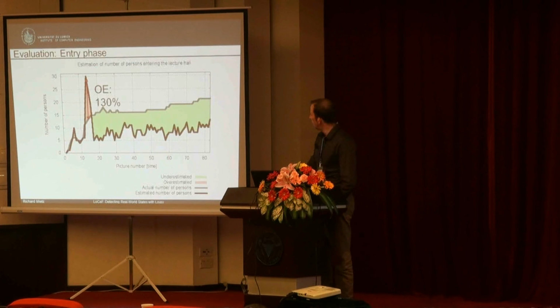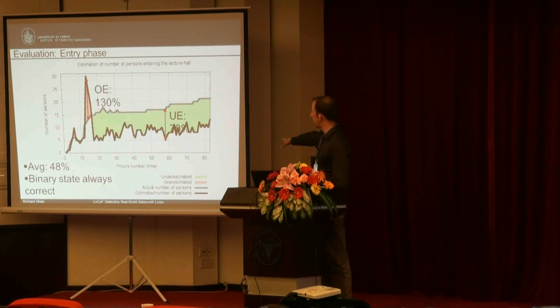So as you can see, we have a relatively high overestimation of 130% and a relatively high underestimation error of 70%. And so the second scenario where we want to measure the free seats is not that good, but the binary states, so free or occupied, are always correct in each of these pictures. So on the x-axis we have the picture number, and on the y-axis we have the number of persons.